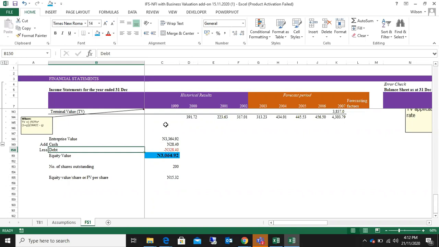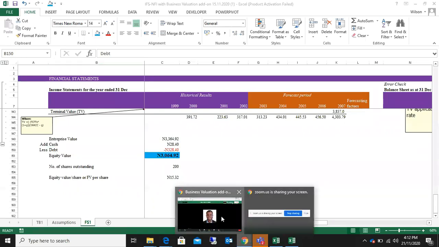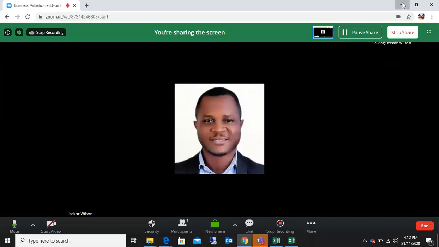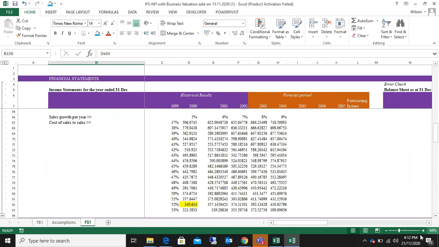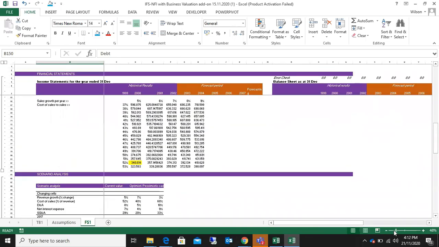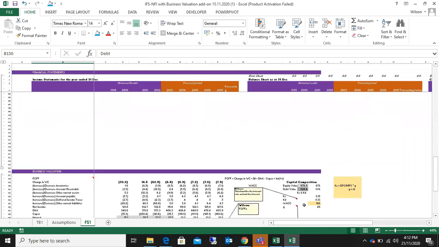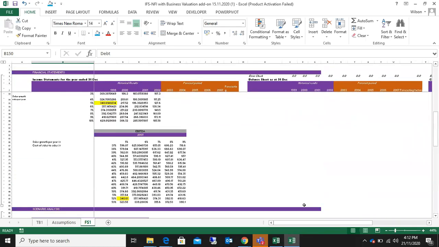So in case this business wants to be traded, the fair value per share that can be traded for is 15.32, 15 naira 32 kobo, while the equity value, in case somebody wants to buy this business, maybe merger and acquisition, the equity value is 3064.994.